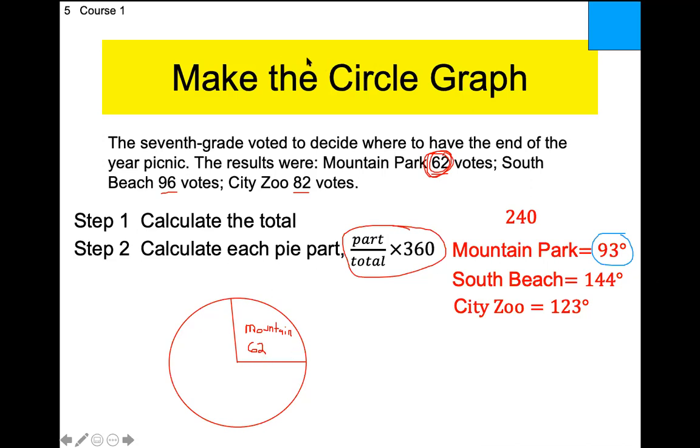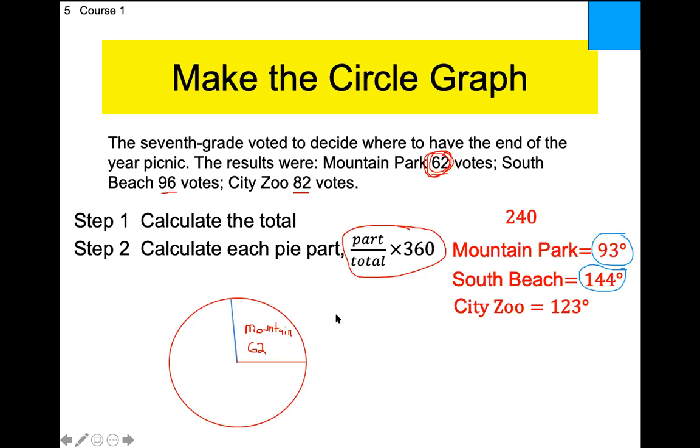All right, I'm going to make this a different color now because I'm going to have a new radius that I'm going to use. I'm not going to use the one that I started with. I'm going to use this one right here. And now what do I have to measure? I have to measure 144 degrees. Just be careful, right? You count up from 0.